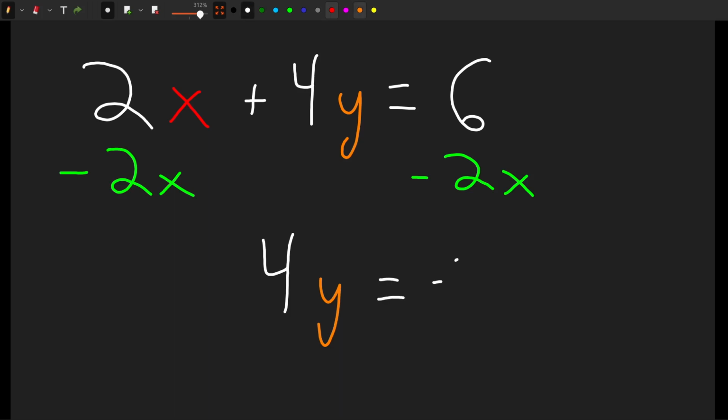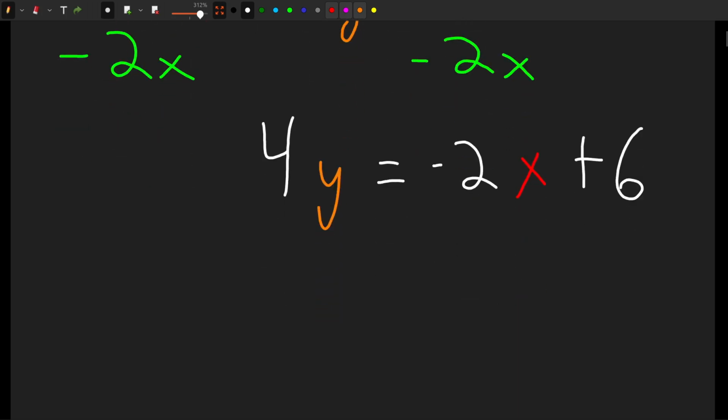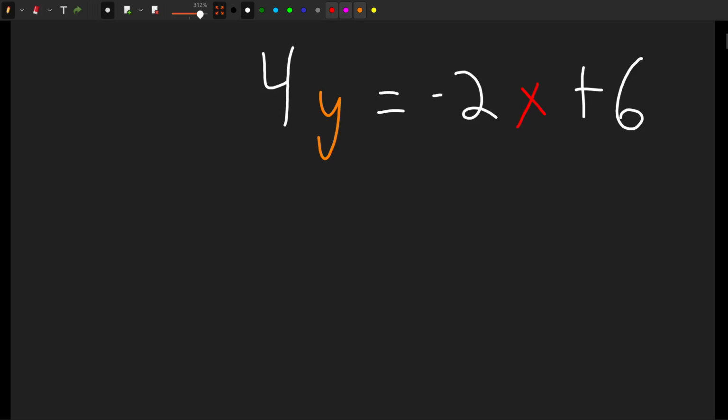is equal to negative 2x plus 6. Okay, then I'm going to divide by the constant 4. And I'm really just going to multiply by 1/4 on both sides.